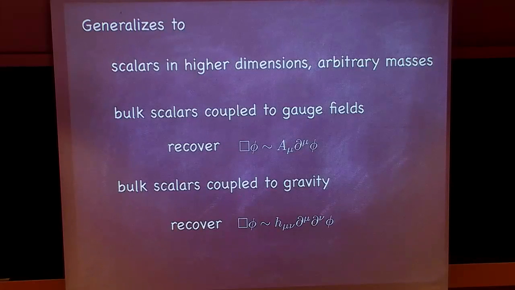It also works for a scalar field coupled to gravity. Then you start from the correlation function with a stress tensor, so OOT. Promote one of the scalar operators to a field in the bulk, and you recover the right coupling to the bulk metric perturbation. So those are the generalizations that we've explored.